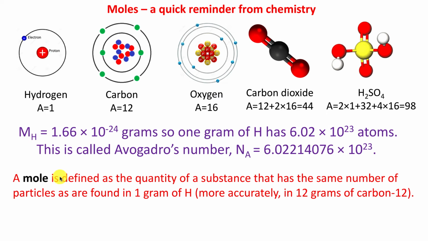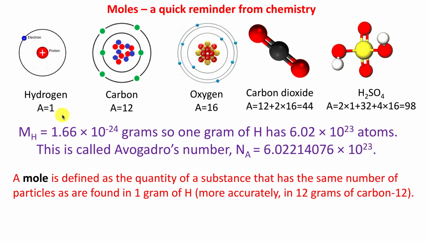A mole is defined as the quantity of a substance that has the same number of particles as are found in 1 gram of hydrogen. So 1 gram of hydrogen contains this many atoms. So 1 gram of this, 12 grams of this, 16 of this, 44 of this, and 98 of this contain these many atoms.